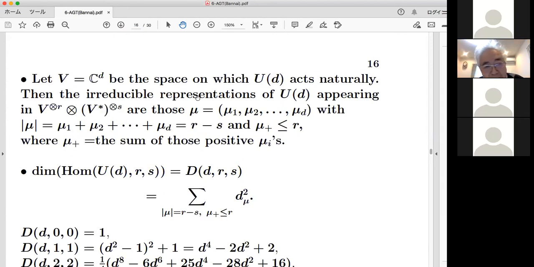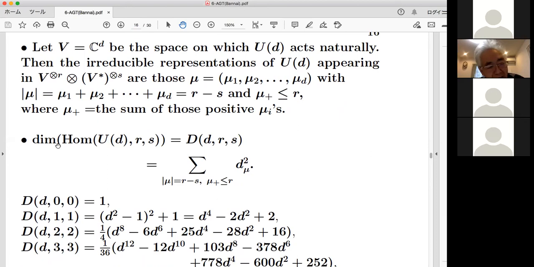Then the irreducible representations of U(d) appearing in this tensor product of representations are those mu that are non-increasing integer sequences with the sum of the mu_i equal to r minus s, and the sum of those positive numbers mu_i, namely mu plus, at most r. So those irreducible representations appearing here are described.